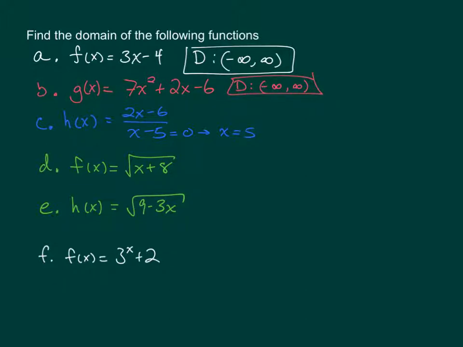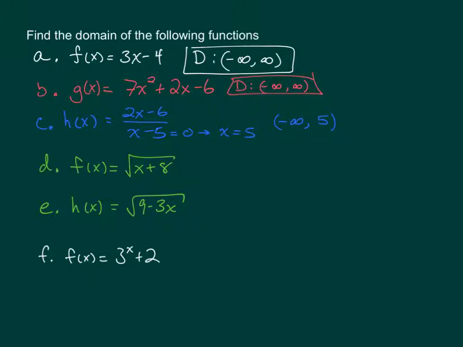So as long as we pick any other number other than 5, this function will exist. So that's exactly what the domain is, where the function exists. So the function can exist all the way from negative infinity to 5, but we cannot include 5.